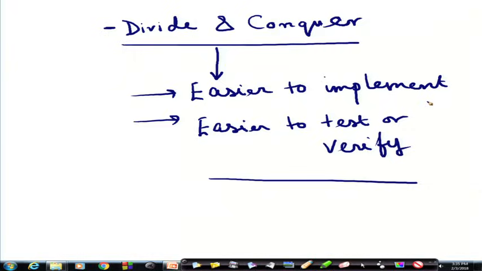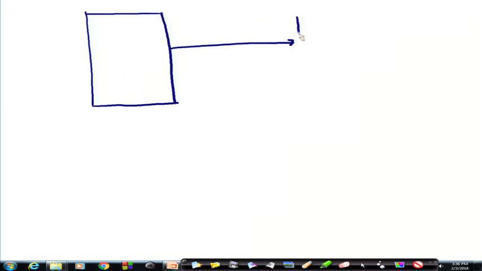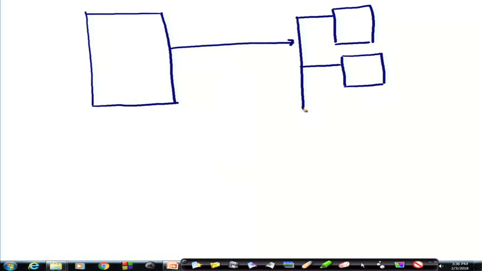Now, the other advantage is, suppose I had to implement one task, and in order to implement this big task, I had to write a number of smaller functions, say 3 smaller functions that together implement this big function.